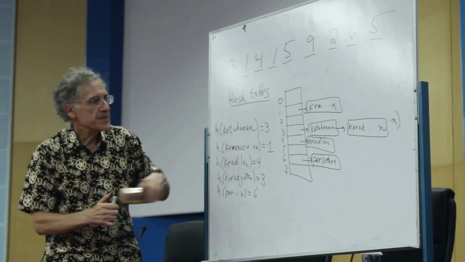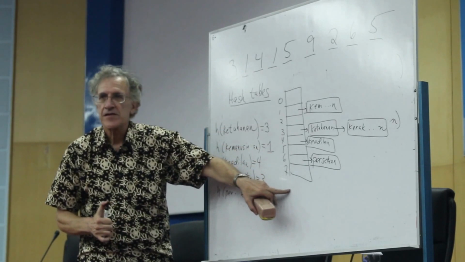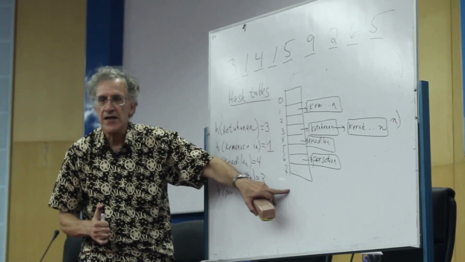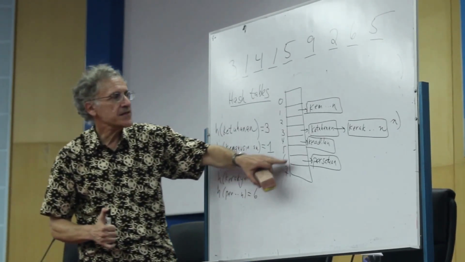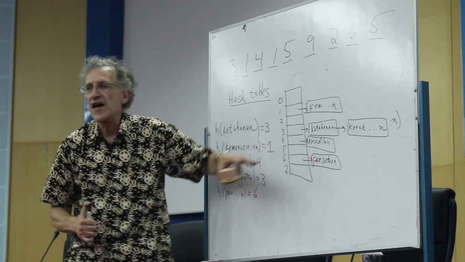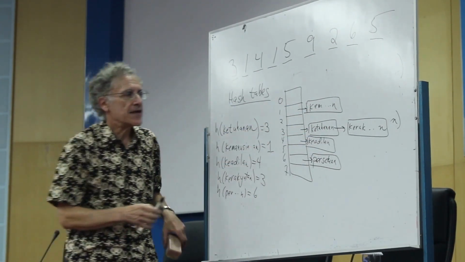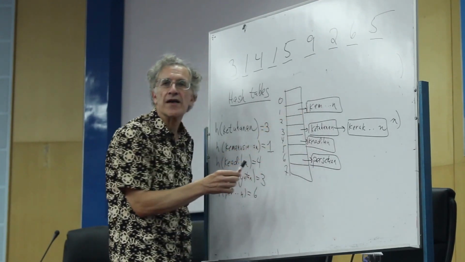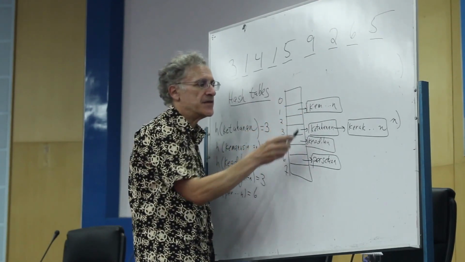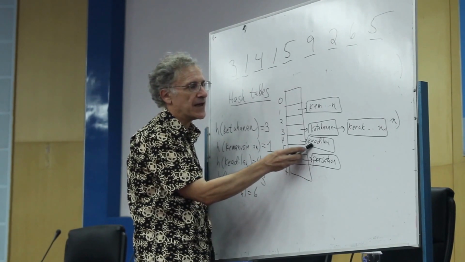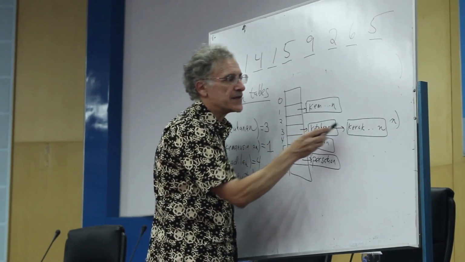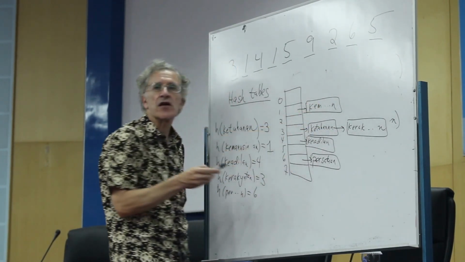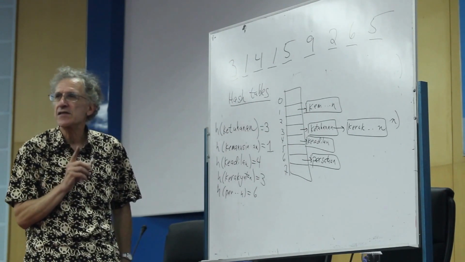If the number of elements in my array is the same as the number of words I want to put in, then on the average, each of these lists has length 1. Some lists will be empty. Some lists will have length 1. Some will have length 2. Some might be longer. But on the average, the list has length 1.